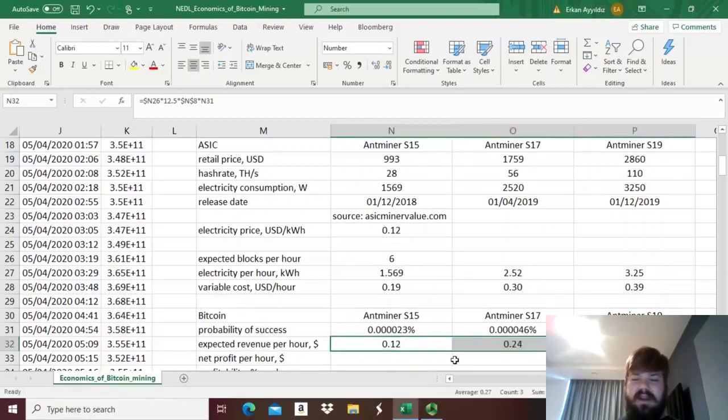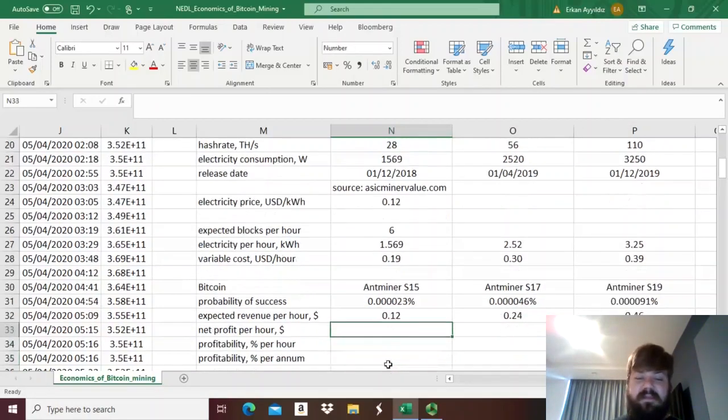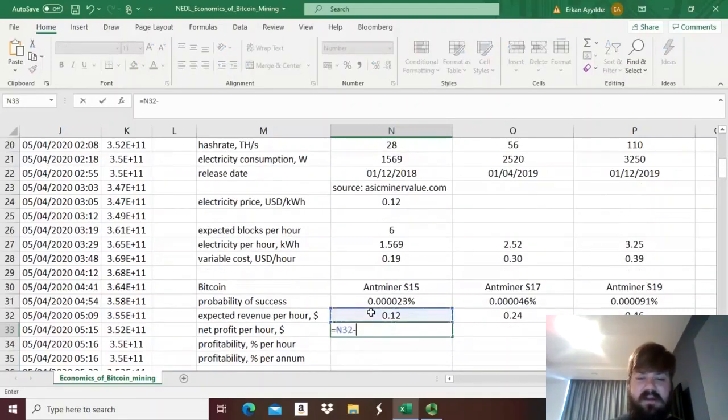Dragging it around, we can get expected revenues for all 3 ASICs, and to figure out net profit per hour, we just need to subtract the variable cost from our expected revenue. And here we can just lock the row for the variable cost, because again, the variable cost does not depend on the coin we're mining.